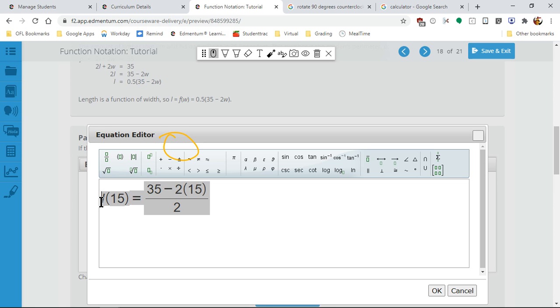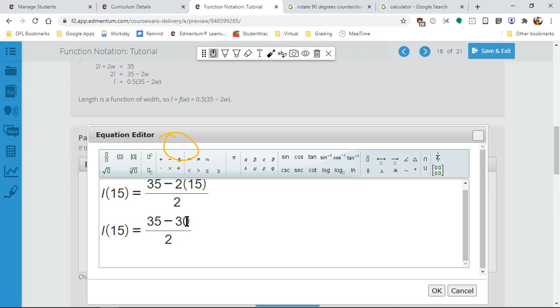Again, I'm lazy, so I'm just going to copy this, select it, Control C, now Control V. But I'm going to do my multiplication step. So 2 times 15 is 30, and I'm going to divide that out afterwards.